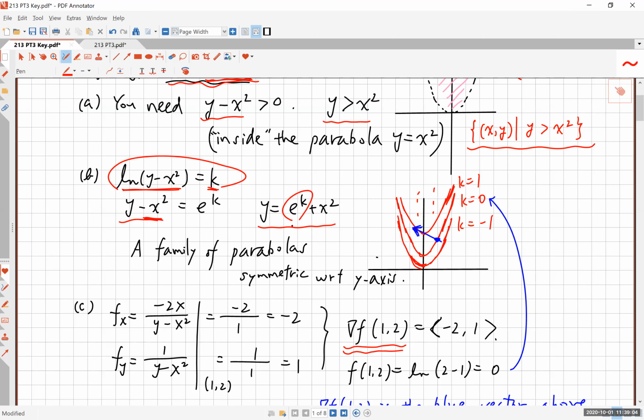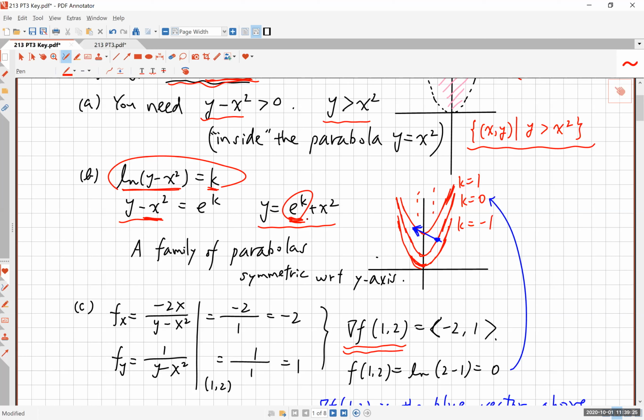Now, if this part is 0, of course that is y equal to x squared. And when is this equal to 0? Well, e to the 0th, remember, is not 0. So in order for this to be equal to 0, well, you can't. You can't set this equal to 0. So just suppose k is equal to 0.